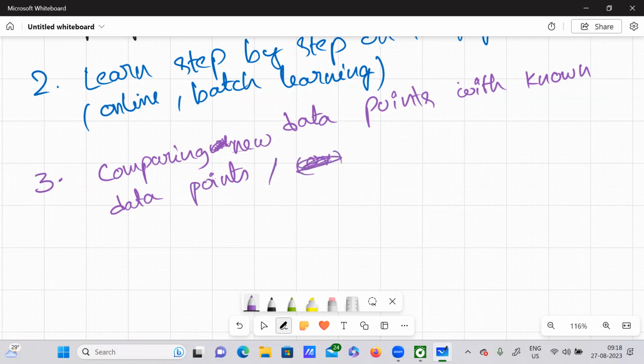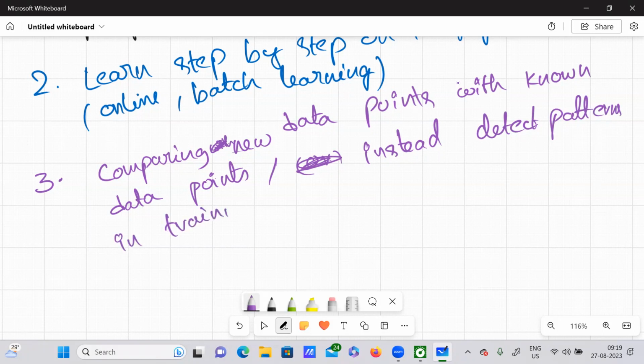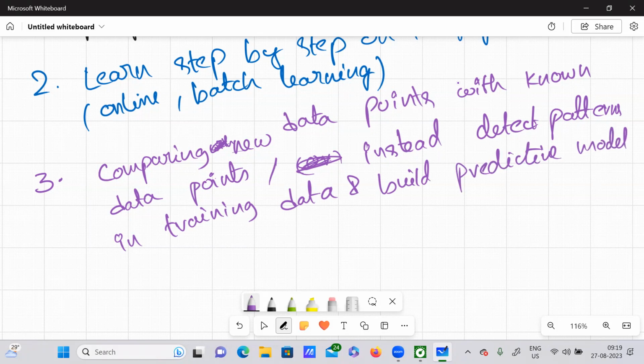or, actually it's a comma, instead, we also detect patterns in the training data, and also build a model, we build a predictive model, as most of the scientists usually do.